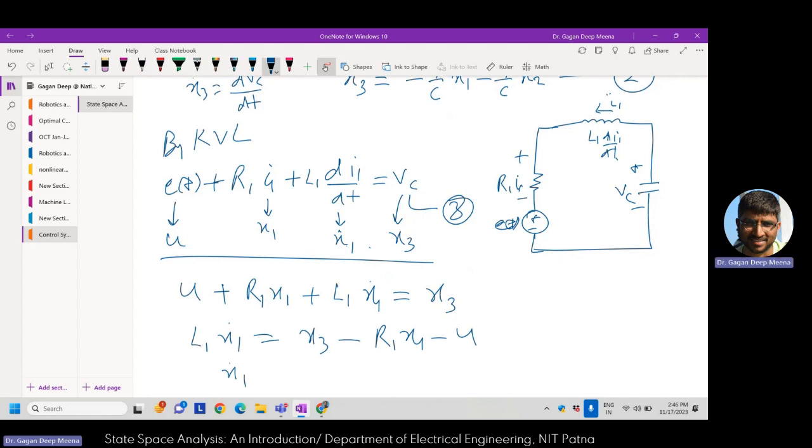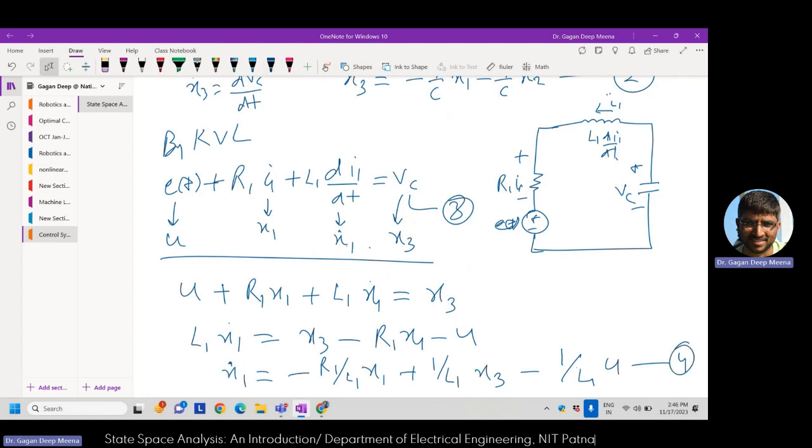Further going on, I can write x1 dot is equal to minus R1 by L1 x1, and then plus 1 by L1 x3, and minus 1 by L1 U. So that is another state equation where I have a clear first order differential equation, and I am keeping it as number 4.